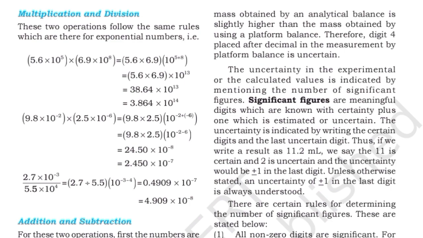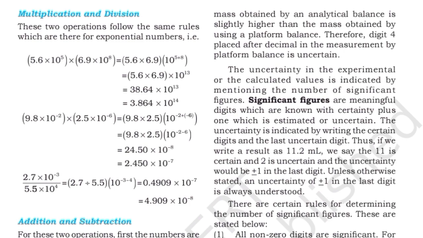The uncertainty in the experimental or the calculated values is indicated by mentioning the number of significant figures. Significant figures are meaningful digits which are known with certainty plus one which is estimated or uncertain. The uncertainty is indicated by writing the certain digits and the last uncertain digit.